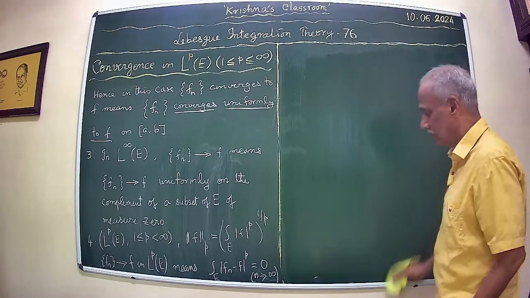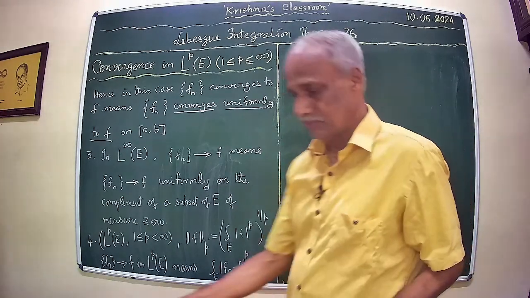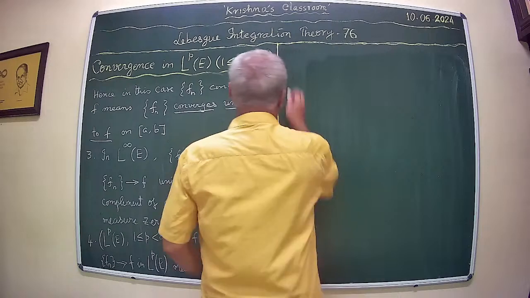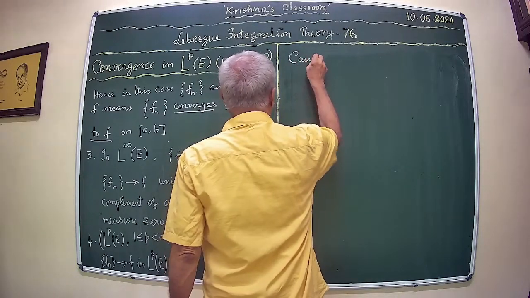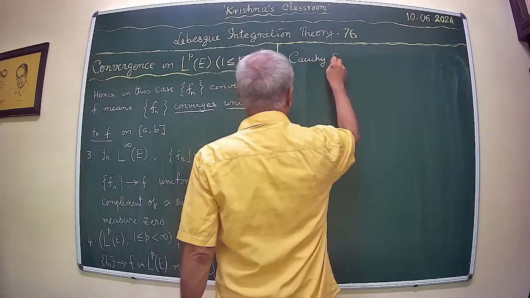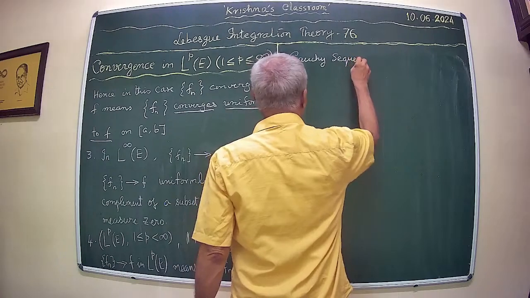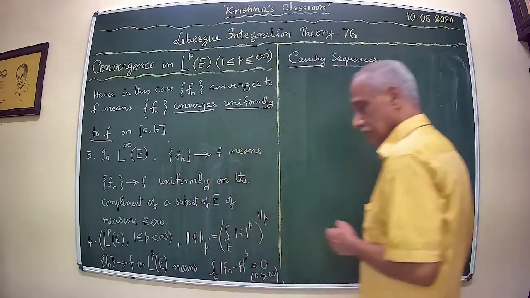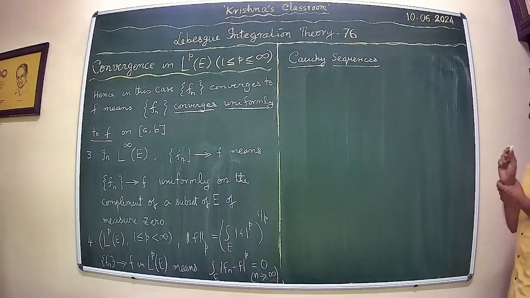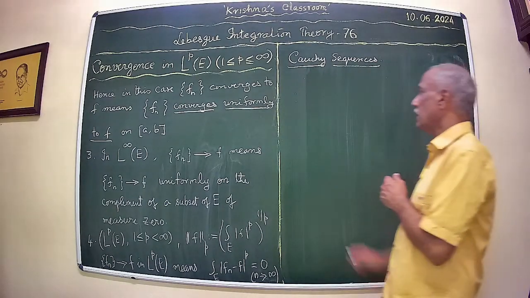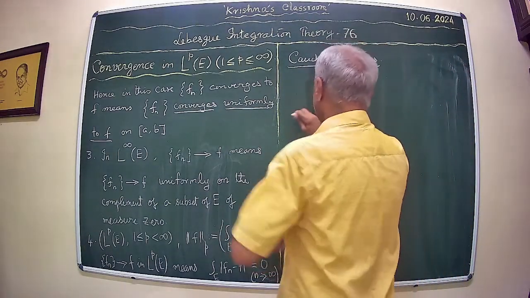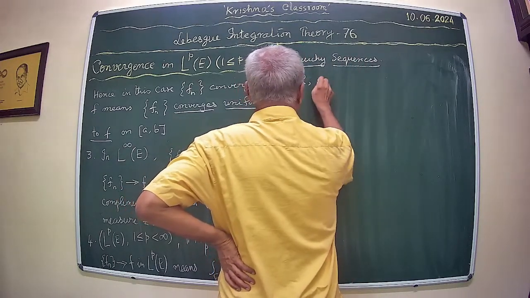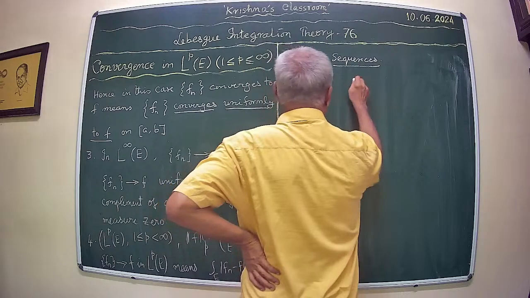For example, you look at the metric space. We introduce now the concept of Cauchy sequences. So let us start with R with a metric d.